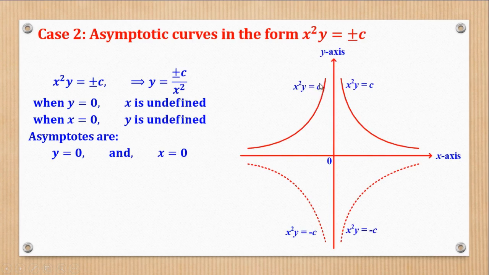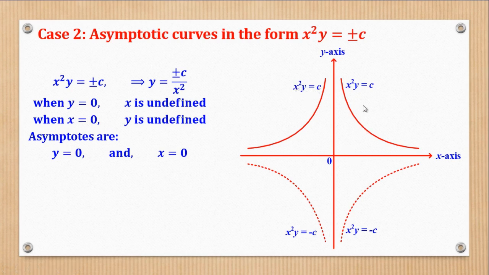For a positive constant, the curve will be above the horizontal asymptote. Always, for example, if I put here positive 1, I'll get the positive value of y, and also if I put -1 here, -1 times -1 will give me positive, so in the end I'll get a positive value of y.